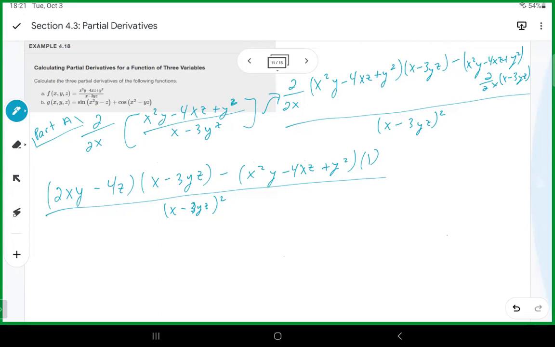Okay. All right, so let's work on combining the top. So we get 2x squared y minus 6xy squared z minus 4xz plus 12yz squared minus plus minus.